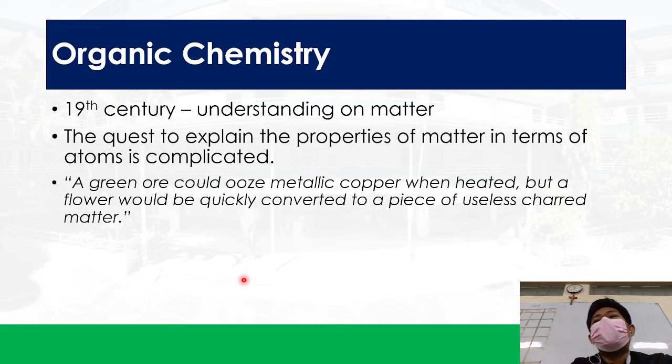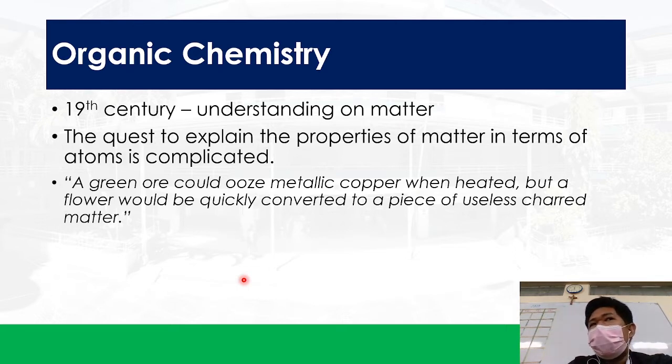So, let's go back in time to the 19th century, where understanding of matter started, especially when it comes to organic matter. The quest to explain the properties of matter in terms of atoms was very complicated in their time.